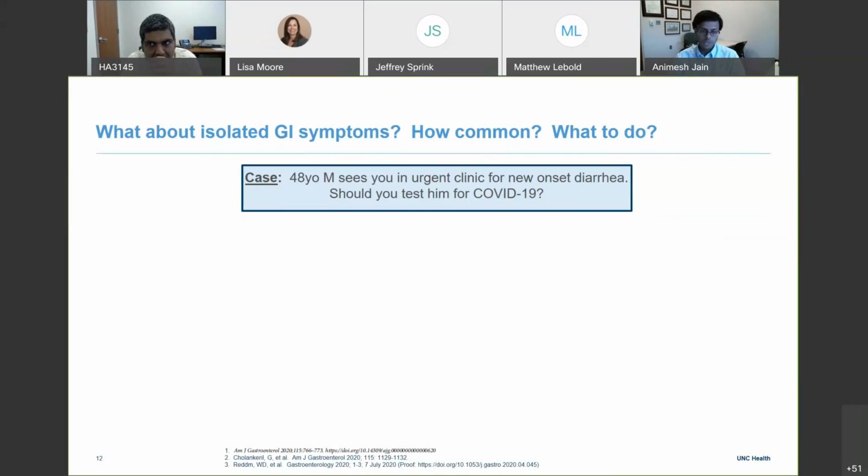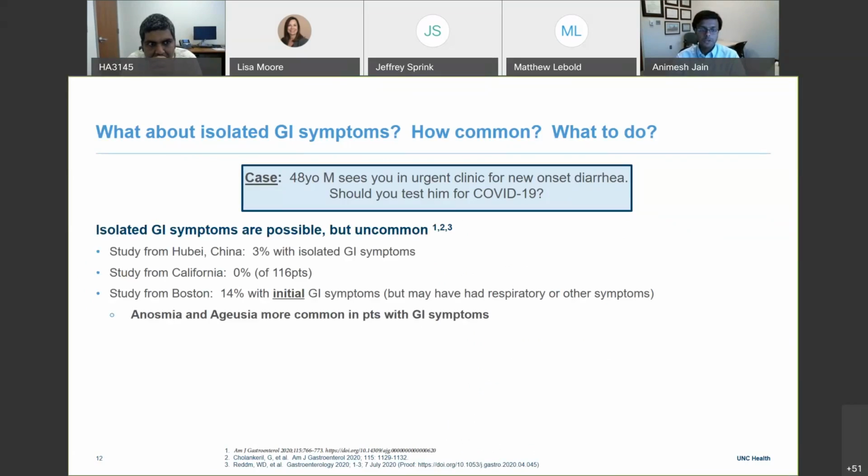So I think this is a good question. Next, please. So if we review the data that I've presented and just focus on that question, the initial report from China had 3% with isolated GI symptoms. The report from Stanford explicitly commented that none of their patients had isolated GI symptoms. And the report from Boston stated that 14% had initial GI symptoms, but many of those patients may have also had respiratory symptoms.